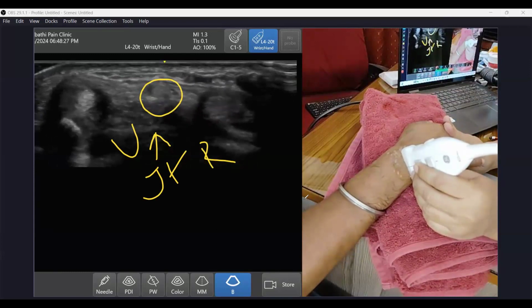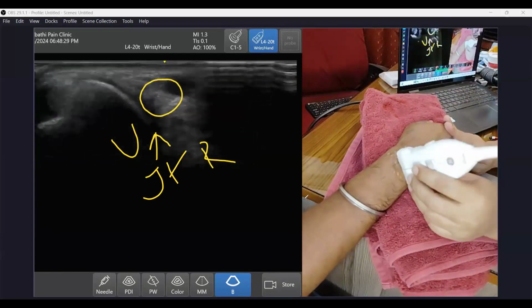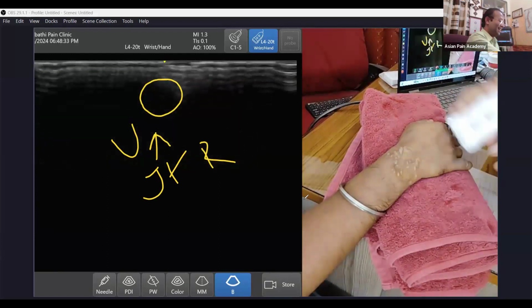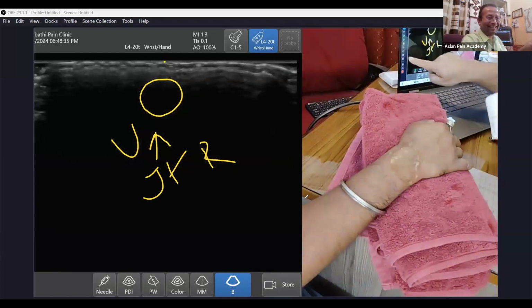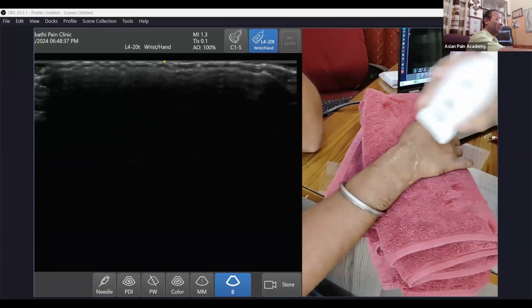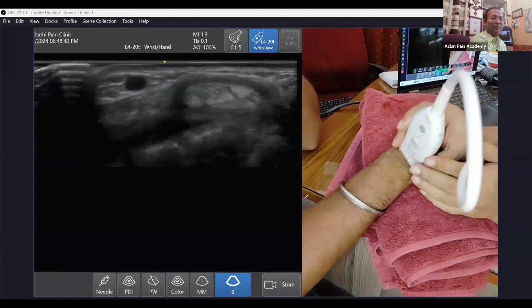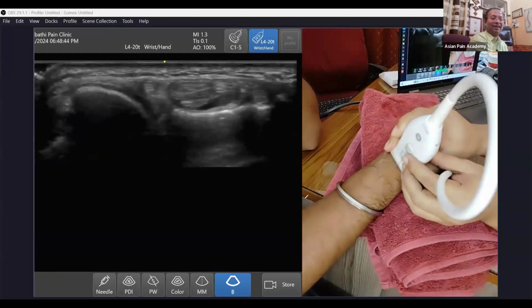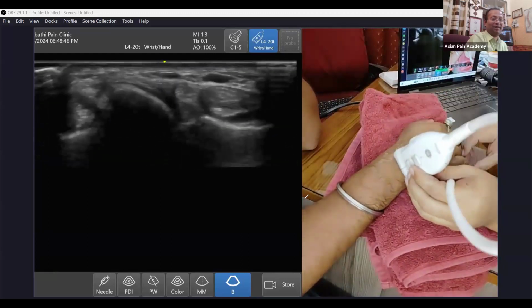No, sir, extensor digiti minimi. Actually, extensor digiti minimi. Yes, extensor digiti minimi. This is compartment number 5. Extensor digiti minimi.